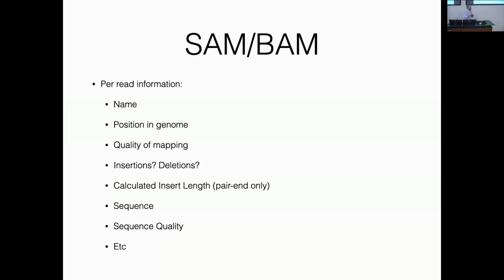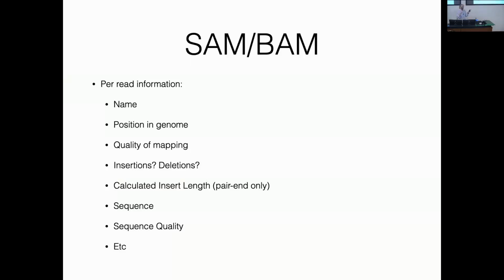It will have the sequence itself. It'll have the quality scores, and then it'll have information based on the mapping process, right? So where the read mapped to, like which chromosome, what position, whether there are insertions or deletions or mismatches between the read and the reference genome.